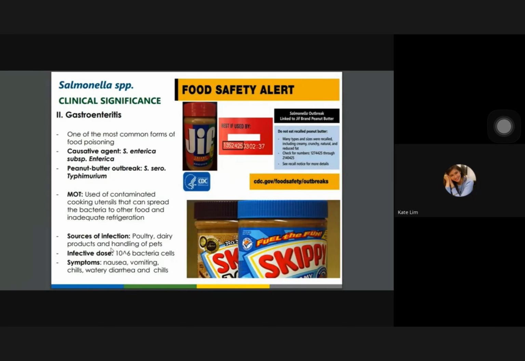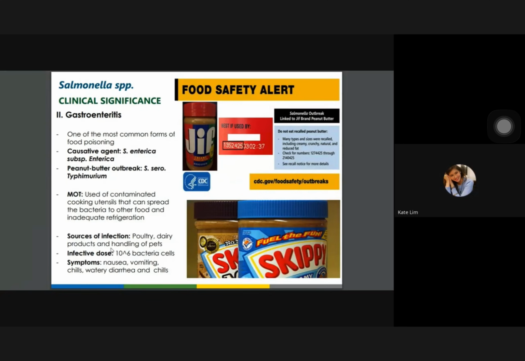So this incident led to numerous cases of gastroenteritis, and it highlights the importance of, aside from remembering or taking note of the expiry date, how widespread and impactful such outbreaks can be, because most of the people who bought Jif suffered from severe gastroenteritis. So we have here some certain types or brands of peanut butter if you're fond of eating peanut butter.